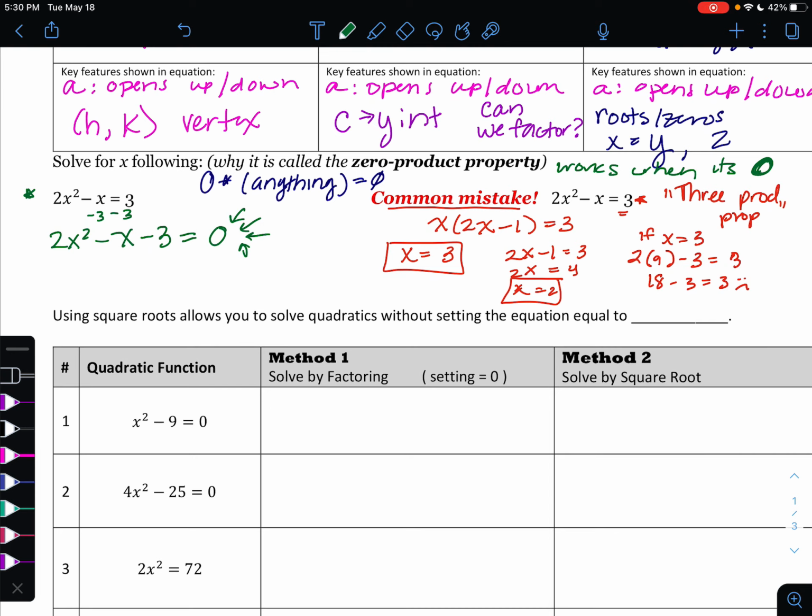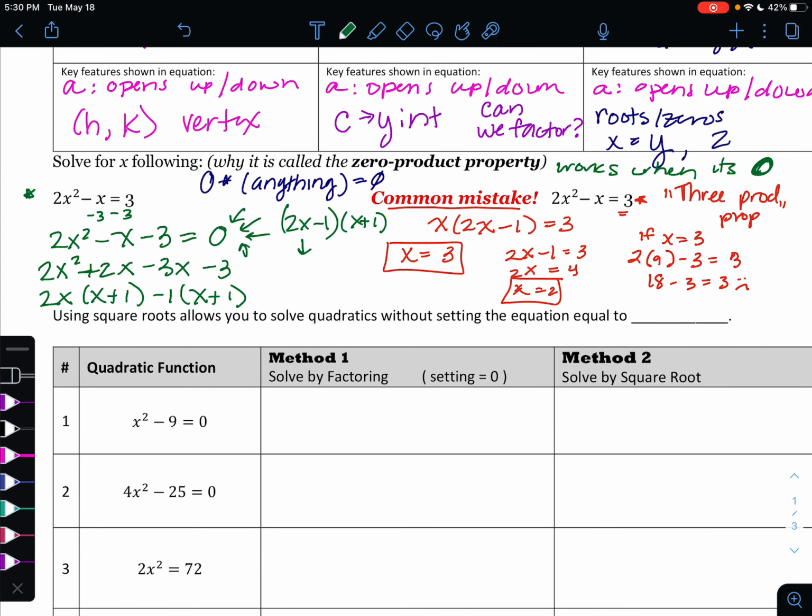So I'm going to factor this using the AC method. It'll be plus 2x minus 3x minus 3. So I get 2x minus 3 and x plus 1.